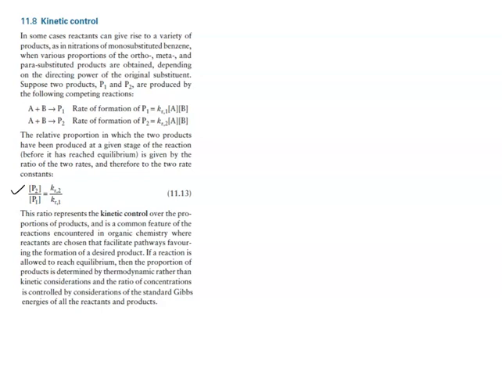This ratio represents the kinetic control over the proportion of products and is a common feature of the reactions encountered in organic chemistry, where reactants are chosen that facilitate pathways favoring the formation of desired products. If a reaction is allowed to reach equilibrium, then the proportion of products is determined by thermodynamic rather than kinetic considerations, and the ratio of concentrations is controlled by consideration of the standard Gibbs energies of all the reactants and products.